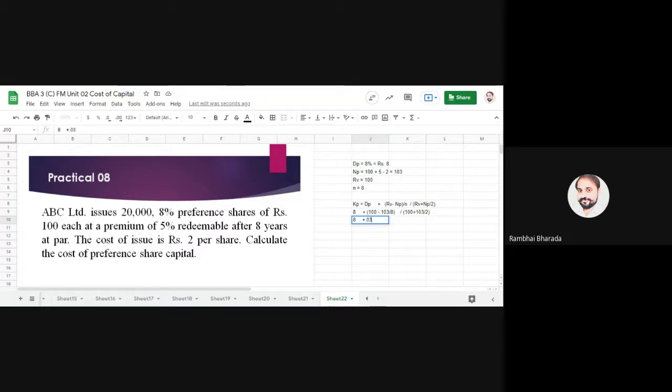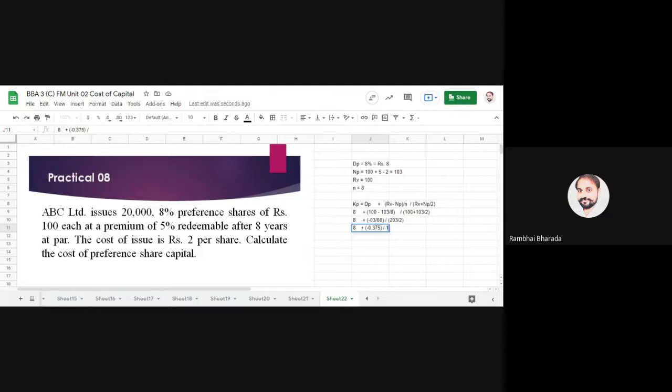So minus 3 upon 8, and upon 203 divided by 2. Minus 3 upon 8 is negative 0.375.